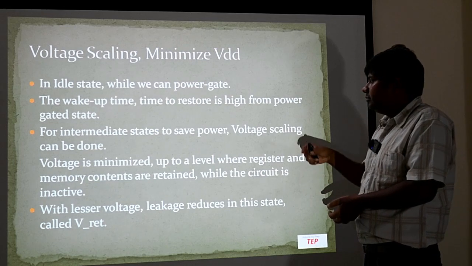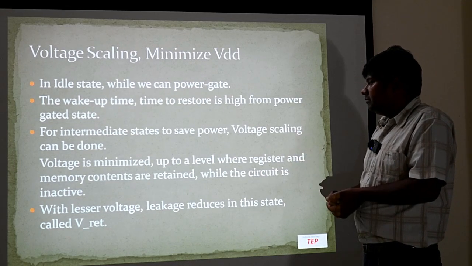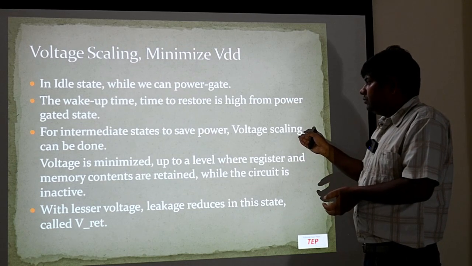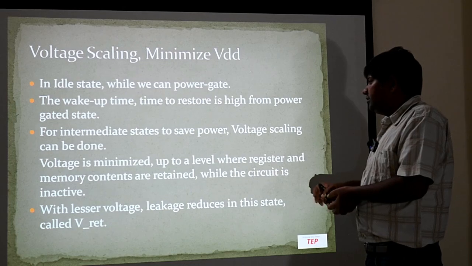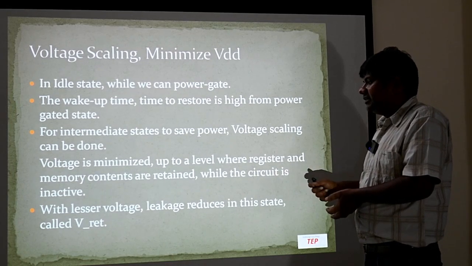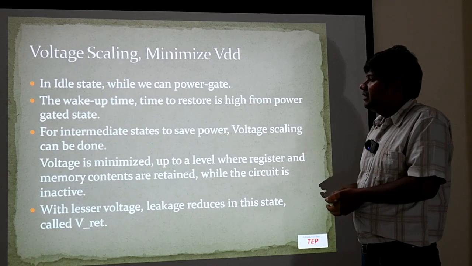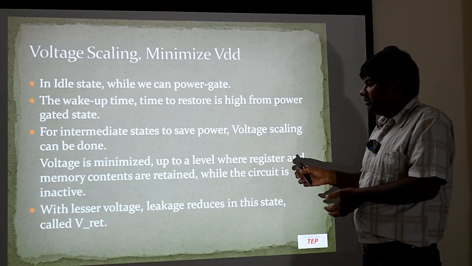In those intermediate states, we save further power after clock gating by voltage scaling. Voltage is minimized up to a level where registers and memory contents are retained, while the circuits are inactive. That is how we try to save whatever power we can in that state.